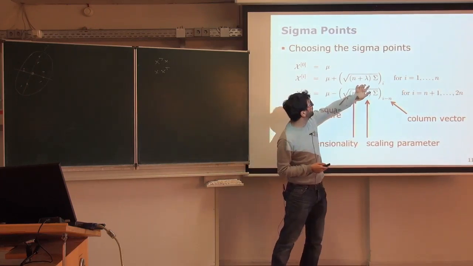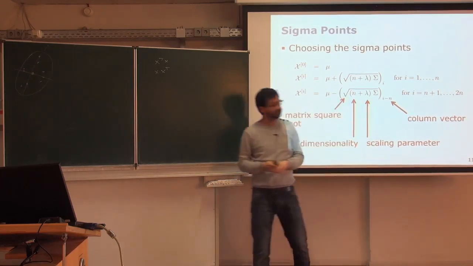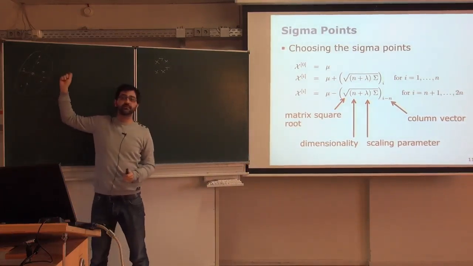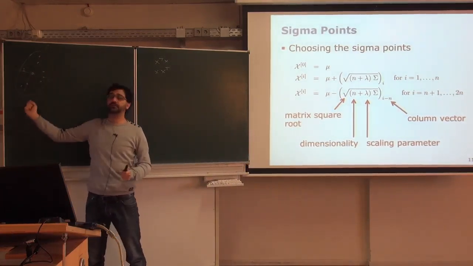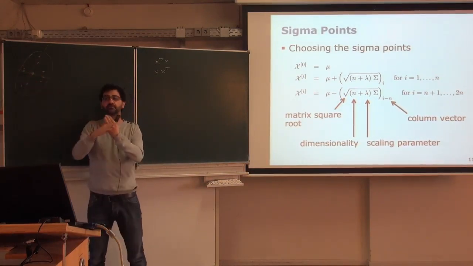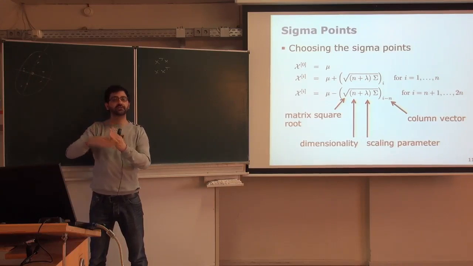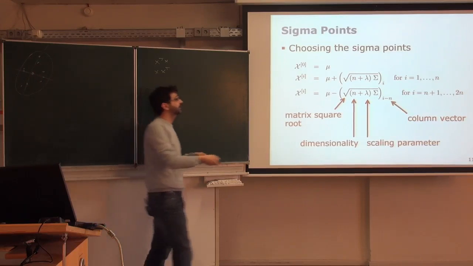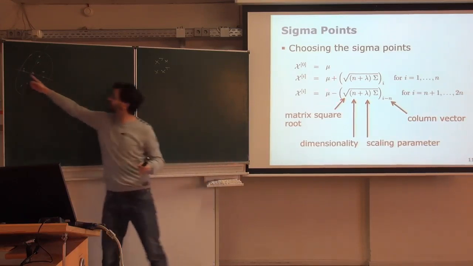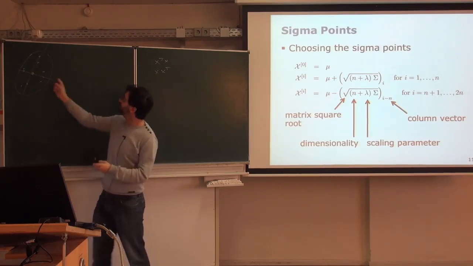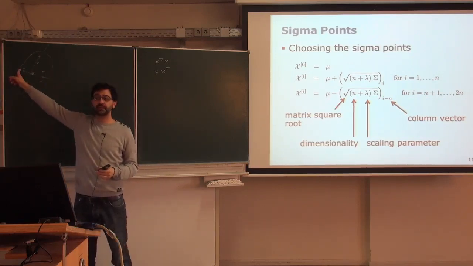And what the square root does is, each vector of the square root of a matrix gives you one of these directions. They might be rotated, but in principle it gives you a set of potential directions of this ellipse. And when you take the one with the plus, you're going in one direction. And when you take the one with the minus here, you're actually getting the symmetric point in the other direction. Okay?